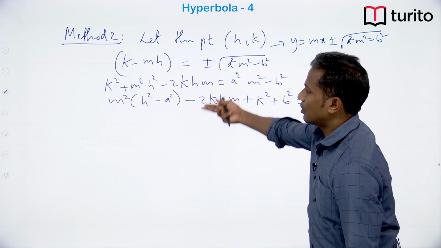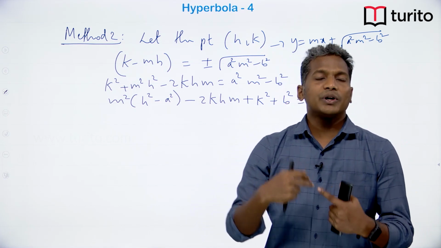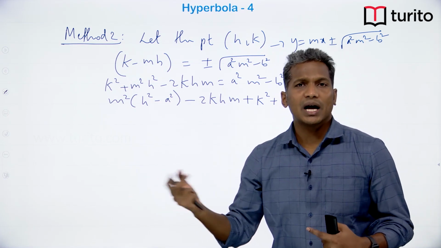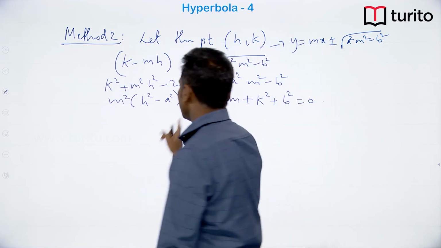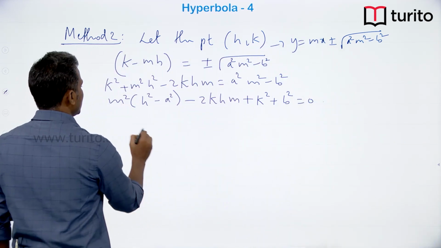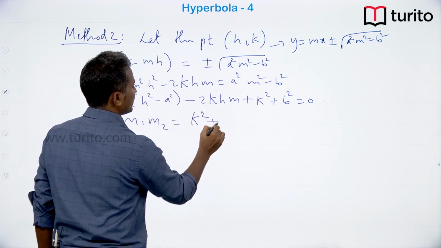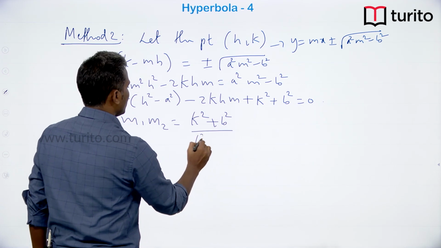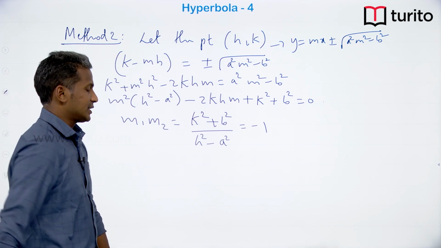When I solve this quadratic equation, I am going to get two roots m1 and m2. Because I want perpendicular lines, I will put m1 into m2 equal to minus 1 directly. What is the product of roots here? It is m1 m2 equal to k square plus b square by h square minus a square. This must be equal to minus 1.